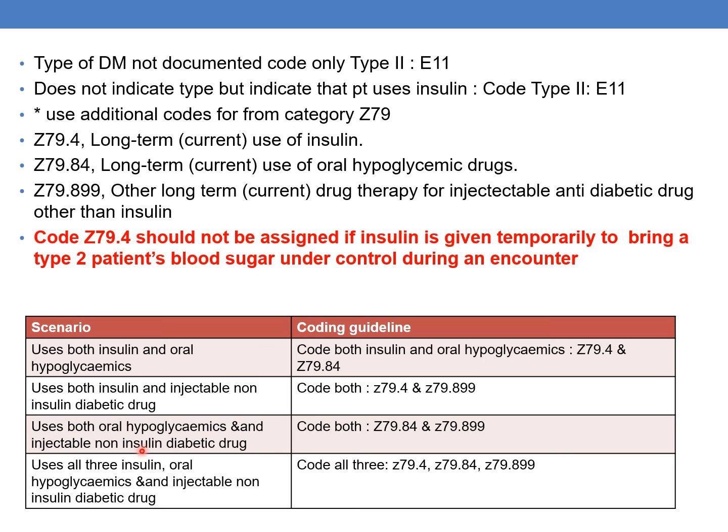If the patient uses both an oral hypoglycemic drug and an injectable non-insulin diabetic drug, you need to code both Z79.84 and Z79.899. If the patient uses all three, that is insulin, oral hypoglycemic drugs and an injectable non-insulin diabetic drug, you need to code all three codes: Z79.4, Z79.84 and Z79.899.